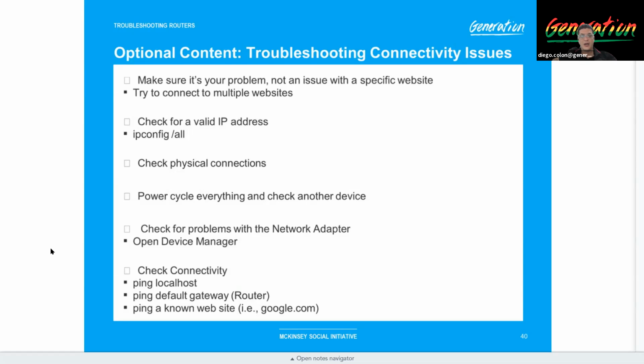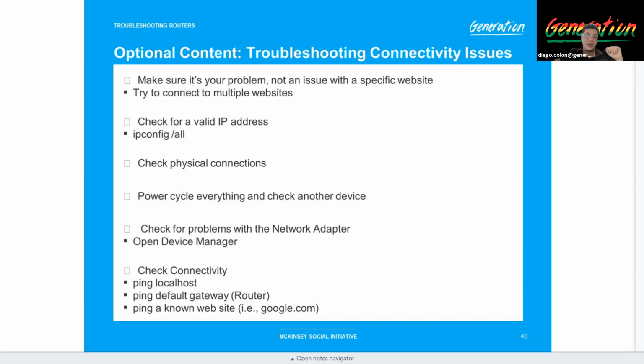Hence, you should ping the local host. That is the closest and the least intrusive way to ensure that everything is configured correctly. Then I will go to the router, which is my next hop, my next node. From there, I will maybe ping a known website like google.com or the known DNS server, which now I know what that IP is, and I don't have to worry about whether my DNS server is working.